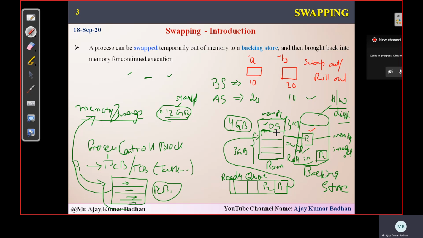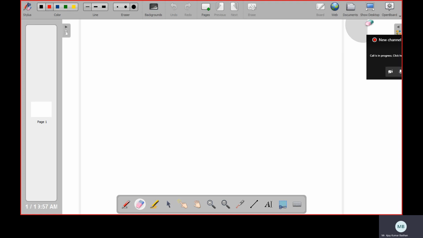Whatever the status of that process is till that time has to be updated in the memory image of the process, and then it has to be stored back into the backing store, that is your hard disk. That is what we call swap out. So this is how the swapping concept is used by your operating system. Very easy. I'll explain it one more time so that it becomes easy for you.